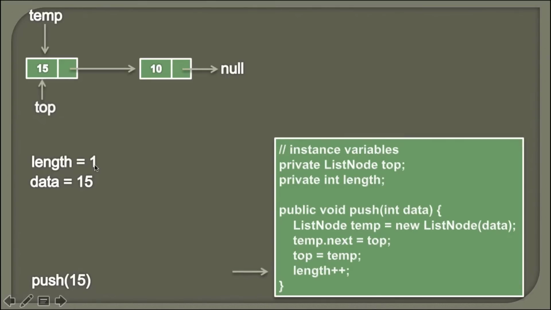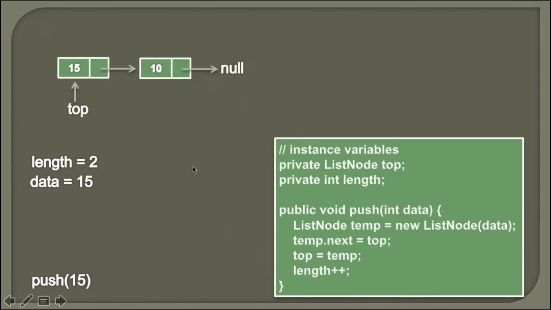And we'll simply increment the length by 1 because now the stack has 2 elements. So friends, after this method gets executed, the stack looks something like this. So here you see the top is pointing to the node which we inserted last. So friends, this is how we insert an element into the stack.